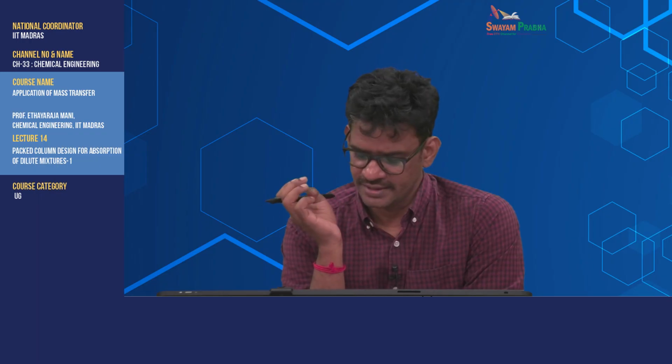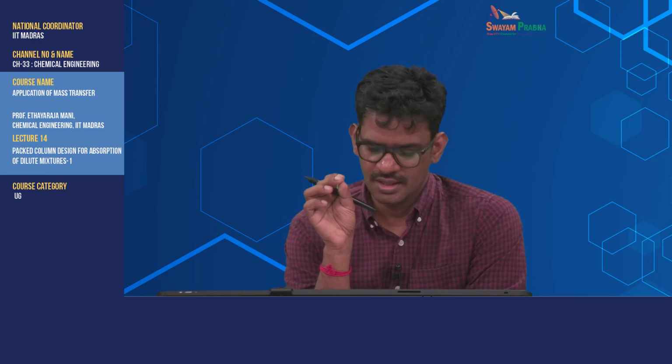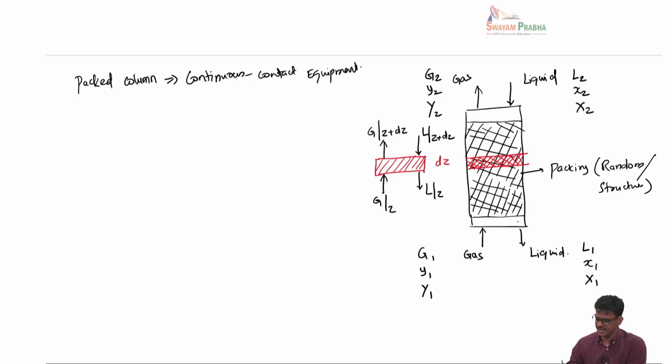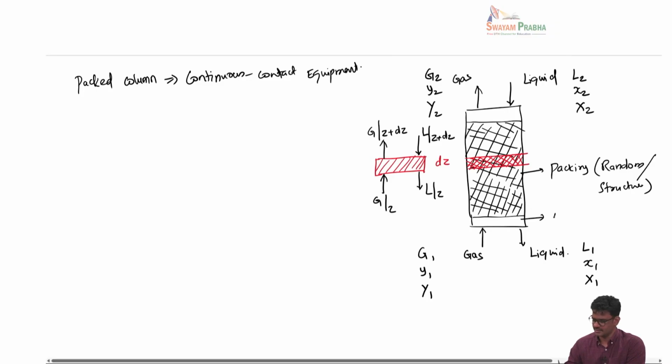You must be familiar with this shell balance when we develop a material balance for a continuous contact. So we are trying to do something very similar. We are taking a very thin section of length dz, and this would have a cross sectional area A. Okay, A is the cross section area of the column.